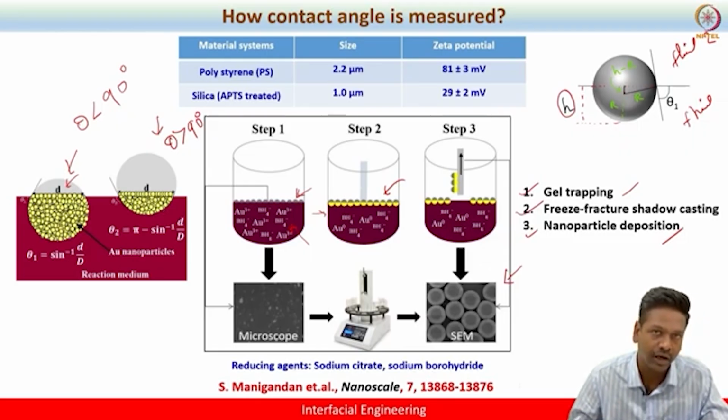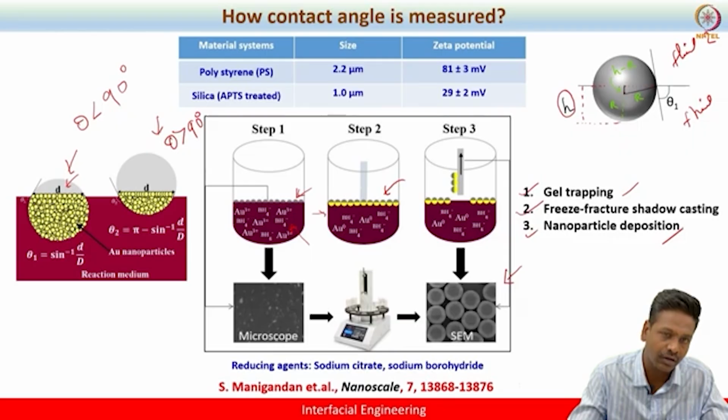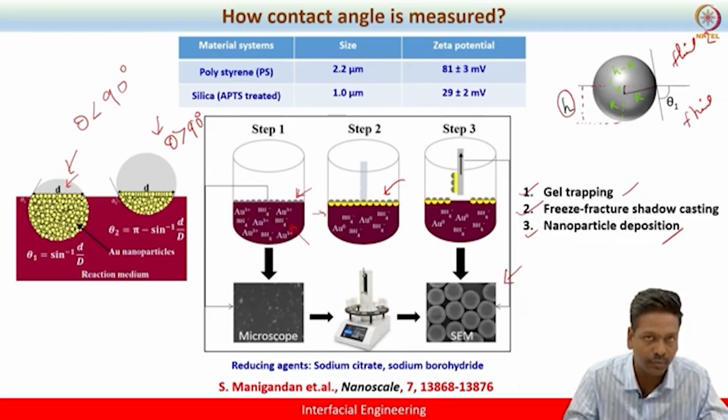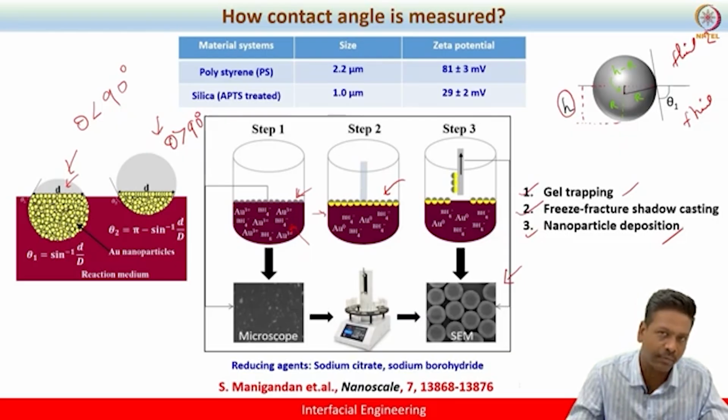So what one can do is, using carbon tape, flip the particle so that the bottom part is now up for visualization. In that way, we can measure the D.